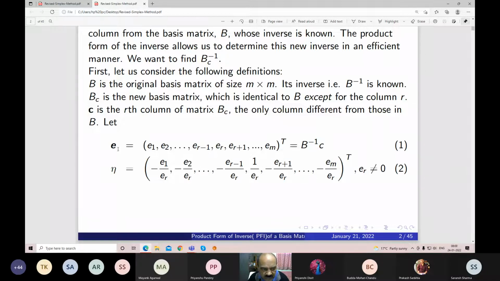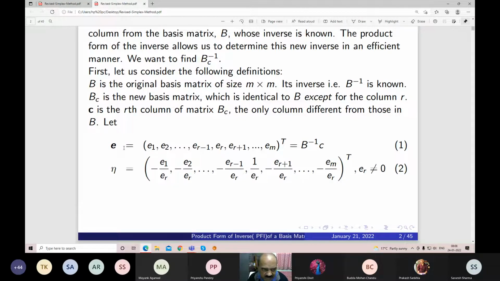This column vector E we obtain using this multiplication: B inverse, which is the identity matrix initially, multiplied with the column C. B inverse into C is our column vector E.